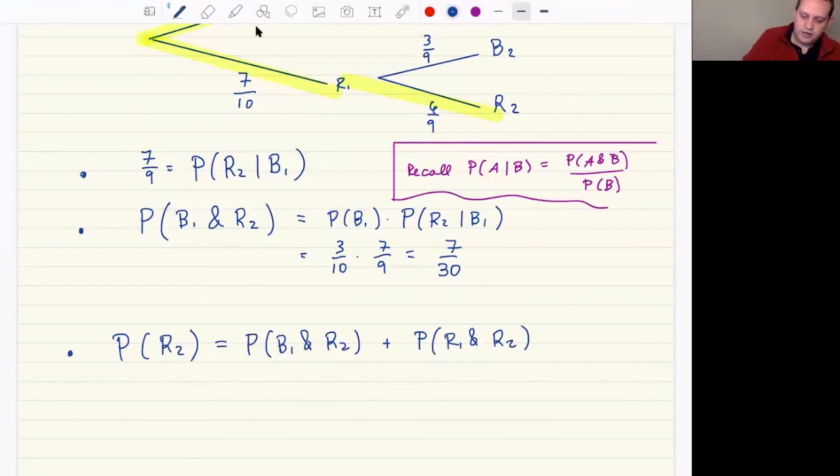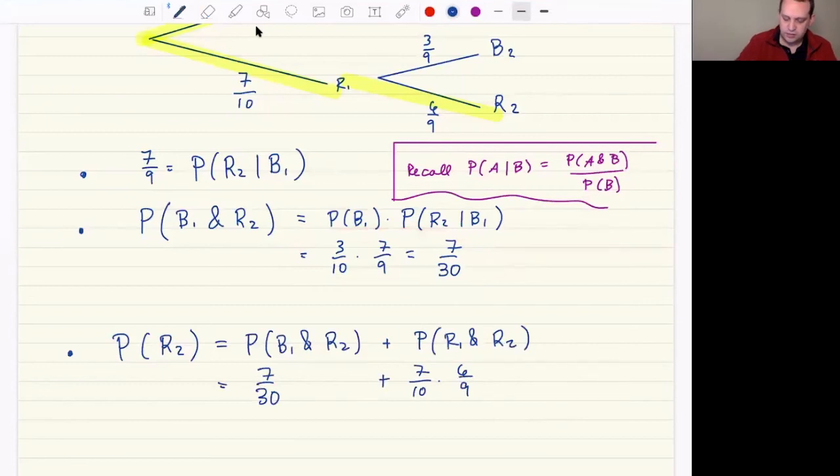And then we know how to compute these. The probability of B1 and R2, we've already computed to be 7 over 30. That's the computation that we did right above here. The second computation is going to be similar. So it'll be 7/10 times 6/9. And again, the 6 over 9 simplifies to be 2/3.